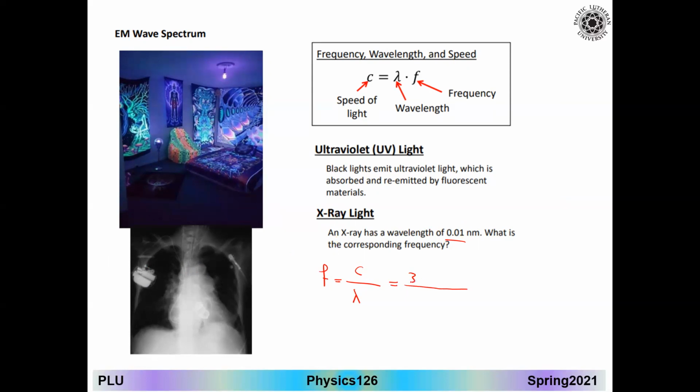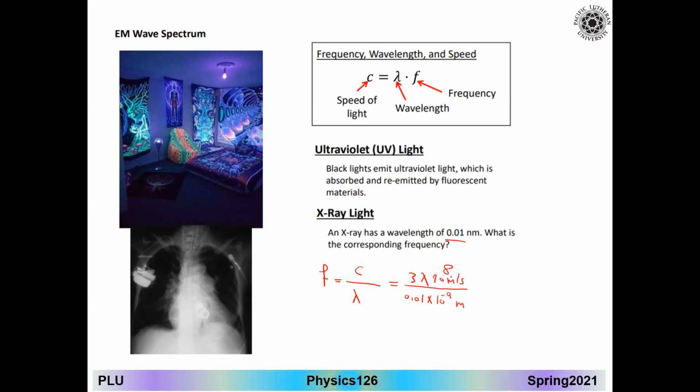C is always constant, 3 power to the 8 meter per second, divided by 0.01 nano, where nano means power to the -9 meter.